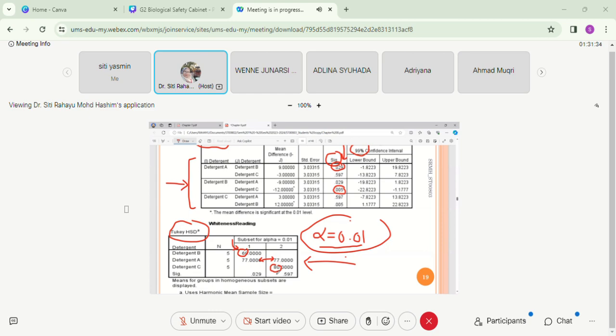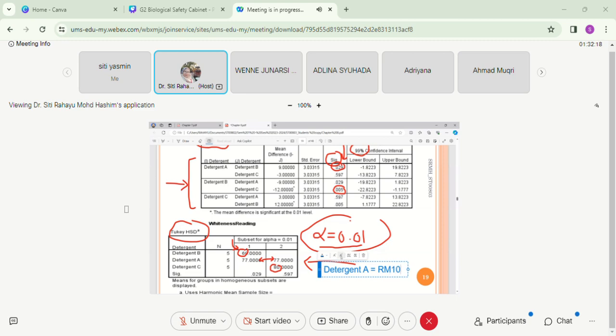Okay, I give you one situation here. Let's say you are the owner of a laundry company, and you need to buy detergent in bulk for your laundry franchise, for example. Detergent A, let's say the price per kilo is RM10 per kilo.